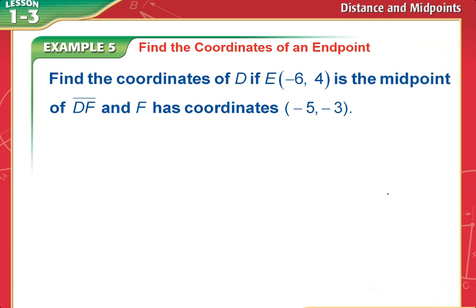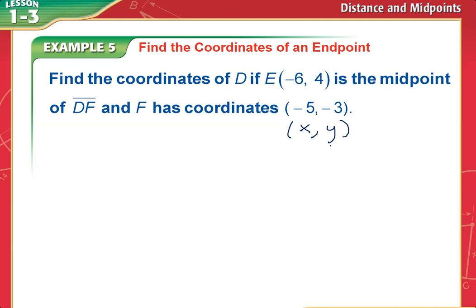All right, now we're going to find the coordinates of an endpoint. So find the coordinates of D if (-6, 4) is the midpoint of DF, and F has the coordinates (-5, -3). So what we're saying is we have an unknown value of x and y, and that's going to be my other endpoint.